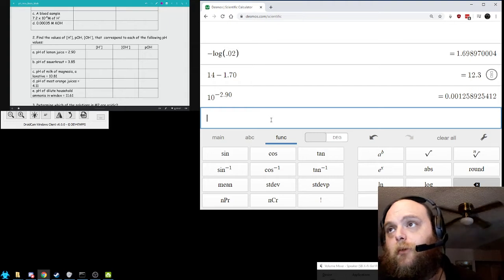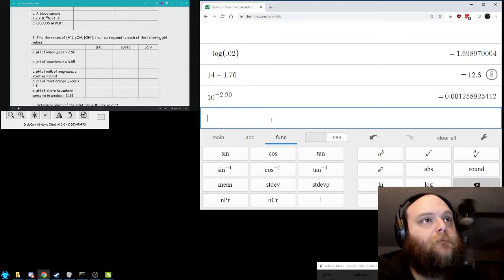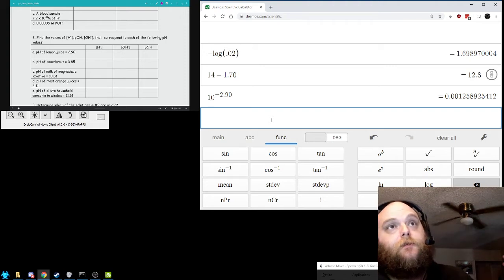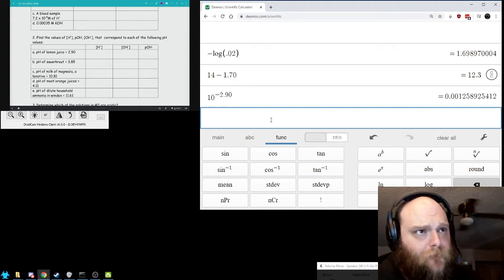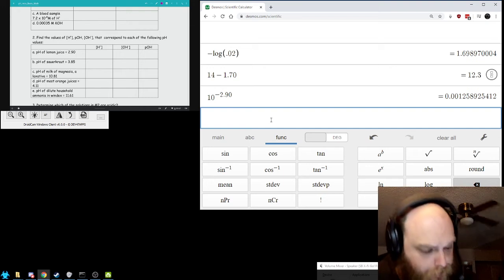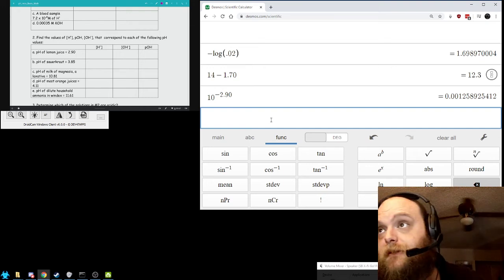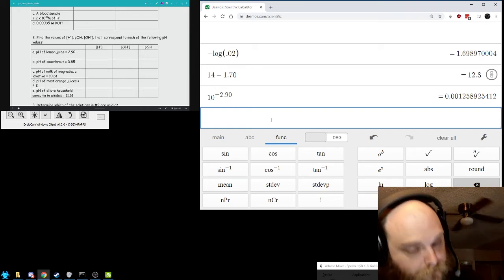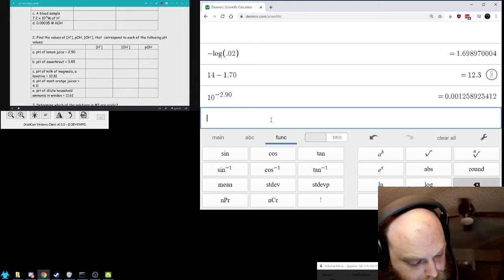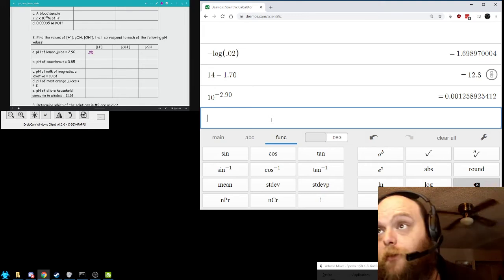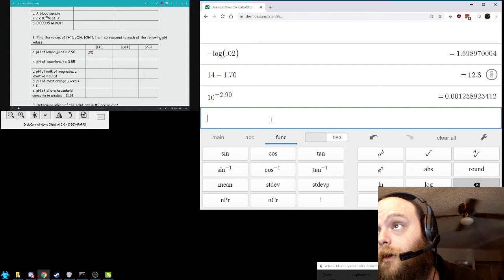So we get 0.0012589, and so on. Now let's give you 2 digits past all the zeros, just so we have some numbers besides 0.00. So we know the H plus ion concentration for this solution is 0.0013.